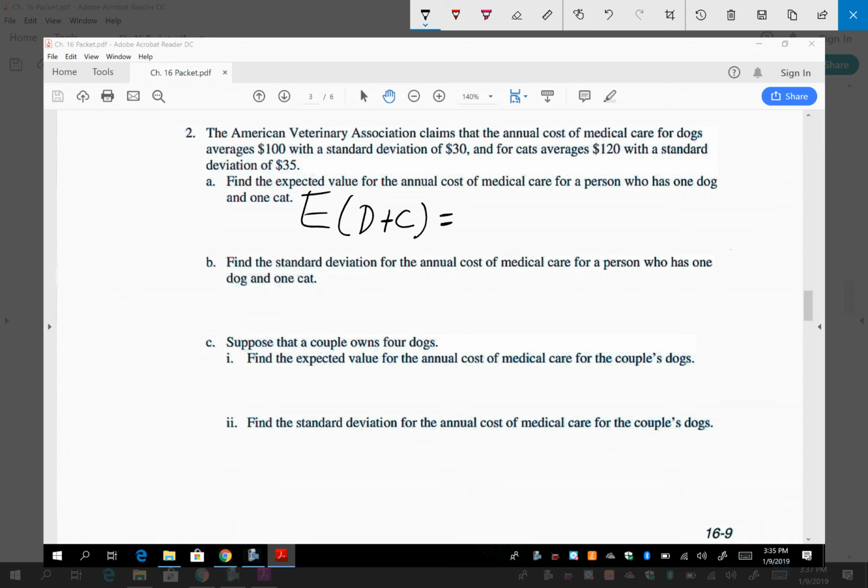It's not 200. It's 220. Because for the dog, it's $100, and for the cat, it's 120. Those pesky cats costing more gives you $220. Questions on finding the expected values?